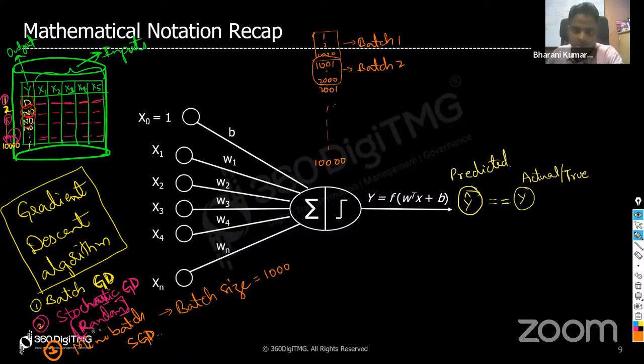Then 2,001 until 3,000 would be the third batch. In that way, you have multiple batches. If you have 10,000 observations overall, and the batch size is 1,000, how many batches will you have? 10 batches.